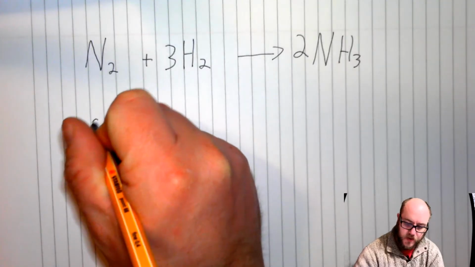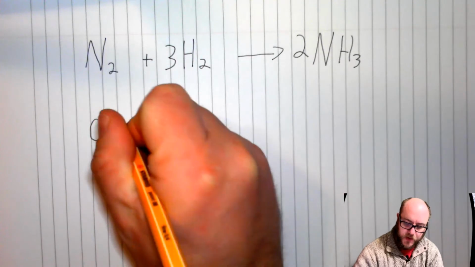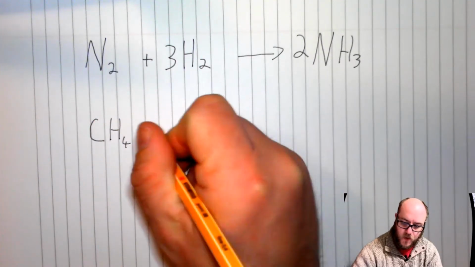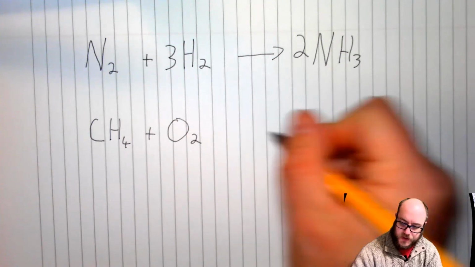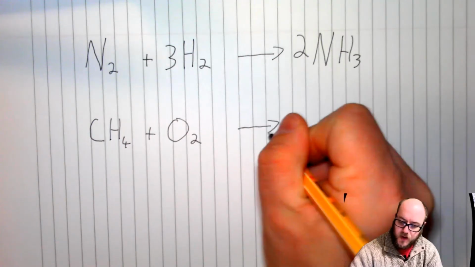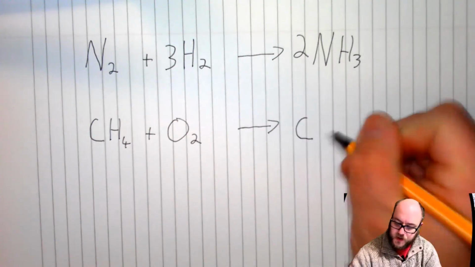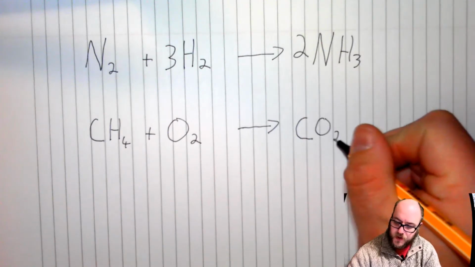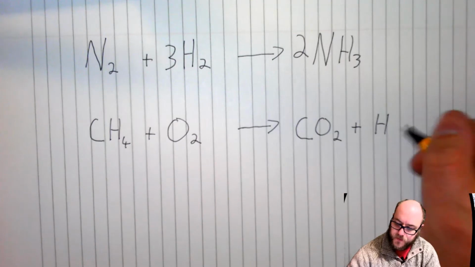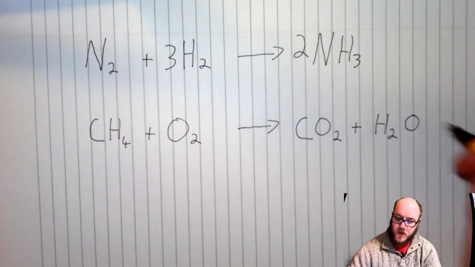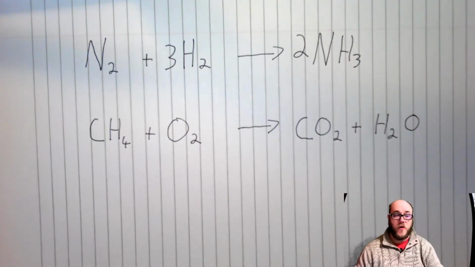We're going to have a look at some methane, which is CH4, and we're going to burn that in the presence of oxygen. That, as always in perfect combustion, is going to give us some carbon dioxide and water. Okay, because that is the product of combustion. That is a thing.